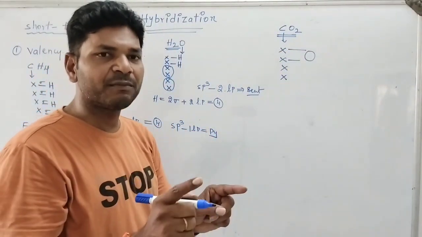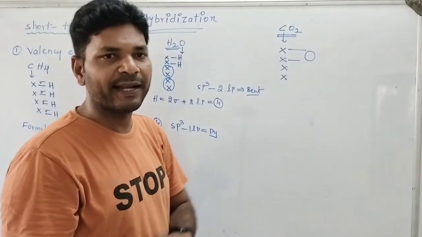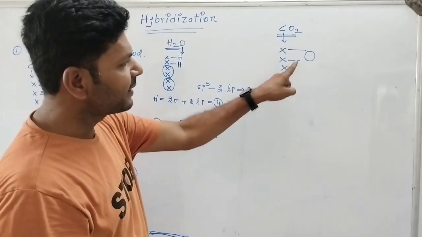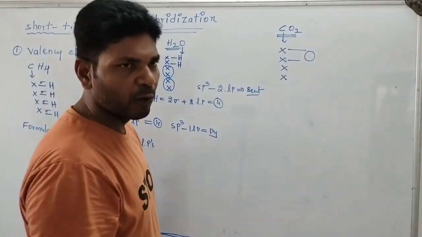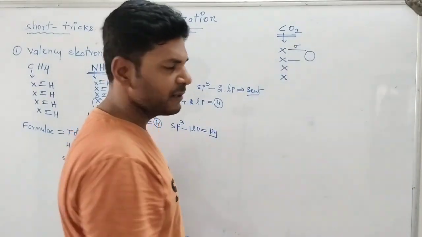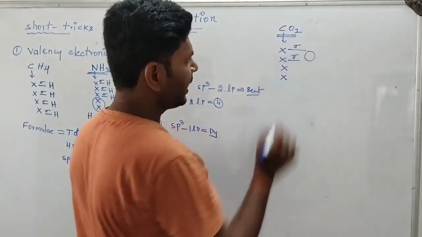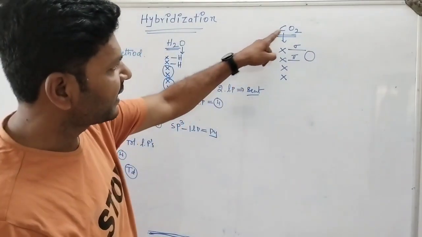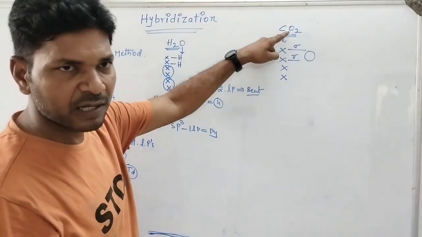If the same atom takes more than 1 electron, there is a chance to form a pi bond. So between these 2 bonds, one should be sigma and the remaining bonds are considered as pi bonds.